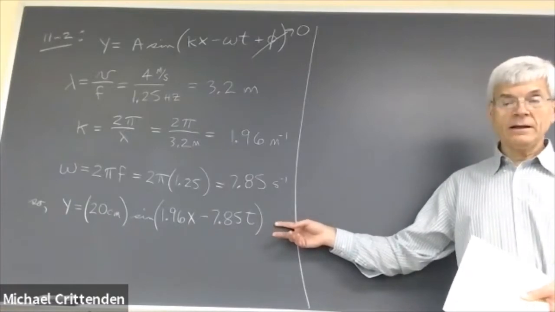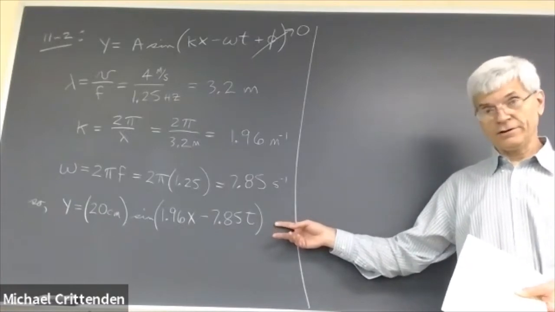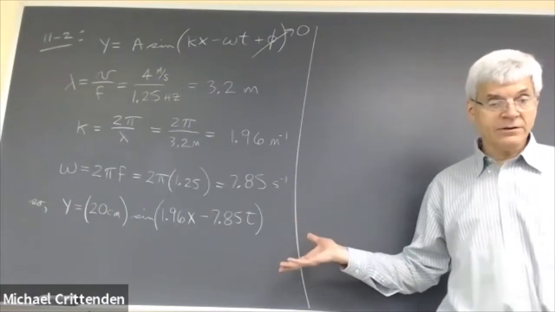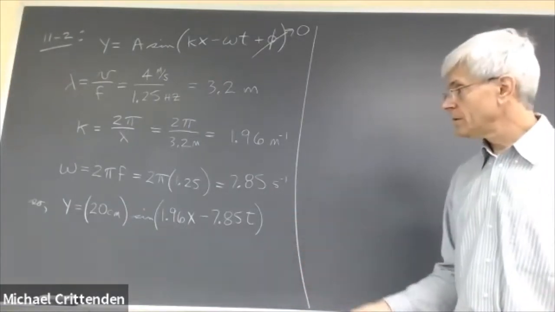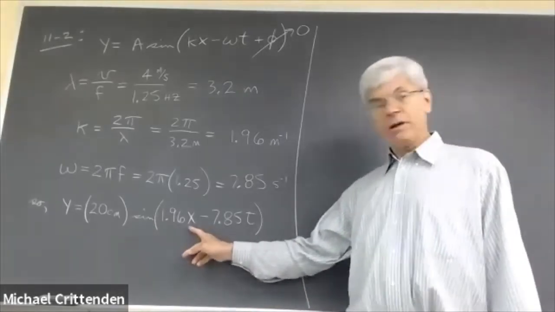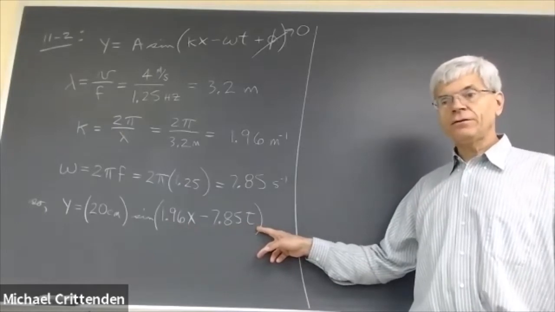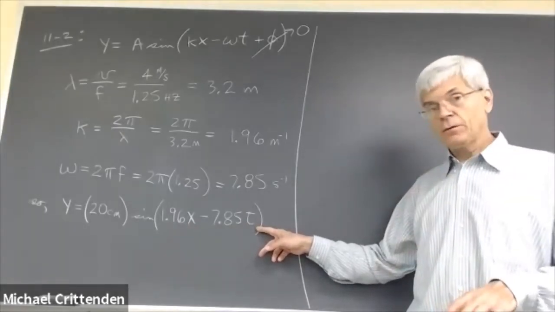This sort of thing is often called a wave function because it completely describes the wave. At any place, at any time, this tells you where the surface of the water is.